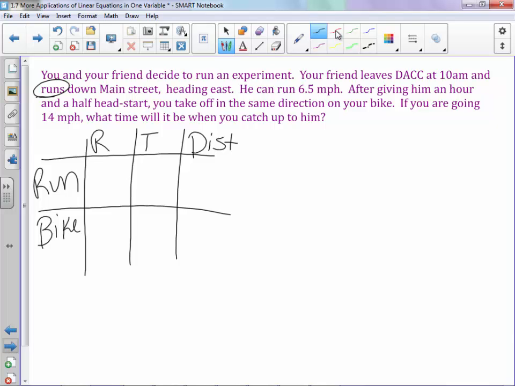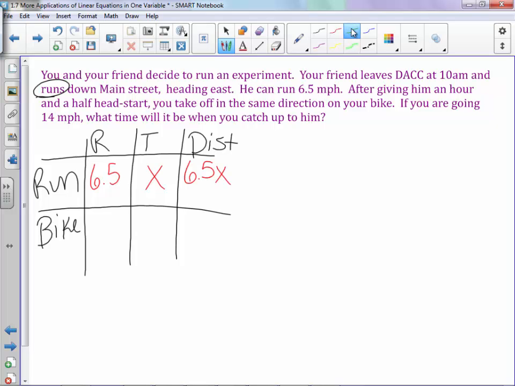So let's first look at our runner. Our runner is running at 6.5 miles per hour. We don't know how long total he ran. We know he left at 10, but we don't know his total time. So his total distance is 6.5x.